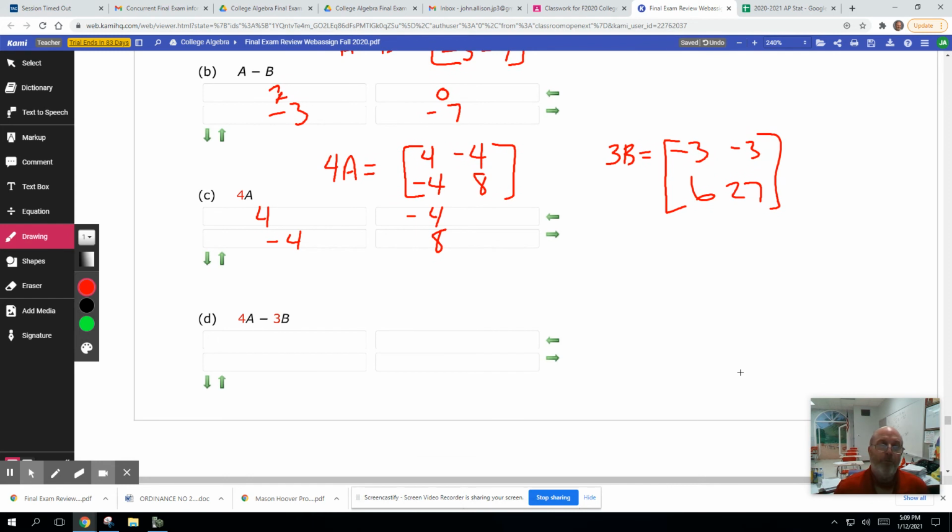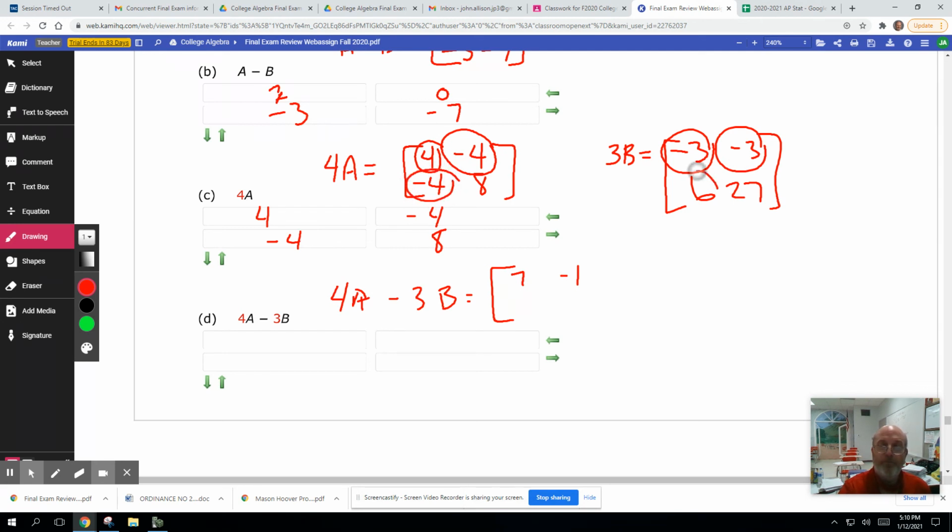Then, when I do 4A minus 3B, again, I've got 2 by 2 matrices, both of them, so I can do the subtraction. So 4A minus 3B is going to be a 2 by 2 matrix where I'm going to have 4 minus negative 3 make 7. Negative 4 minus negative 3 is going to be negative 1.